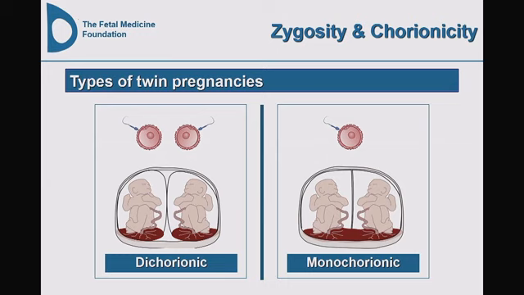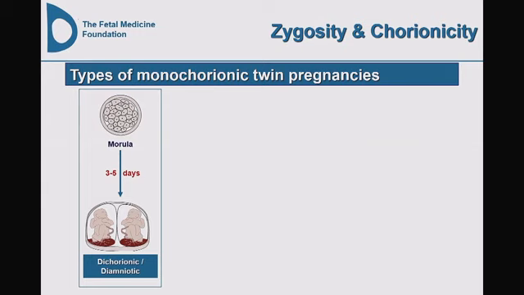Dichorionic twins, which means that there are two ova fertilized by two sperms, produce dichorionic twins, whereas in monozygotic twins, we have fertilization of one ovum by one sperm, and it depends on the day if there is a cleavage.